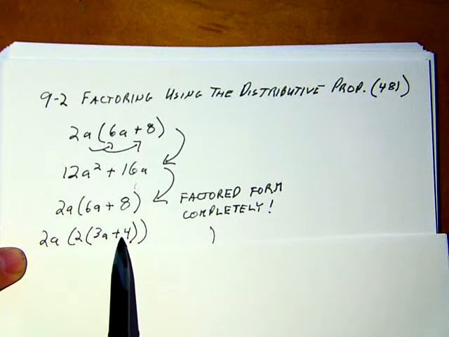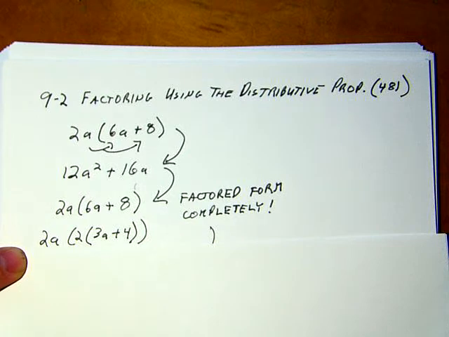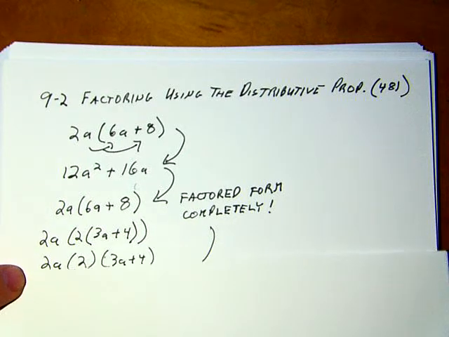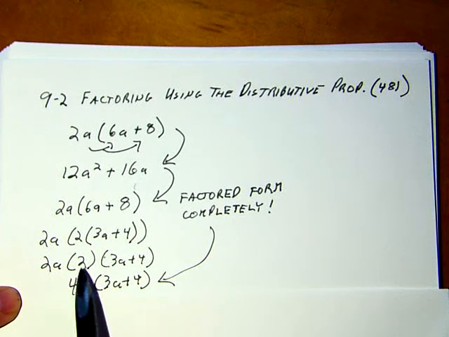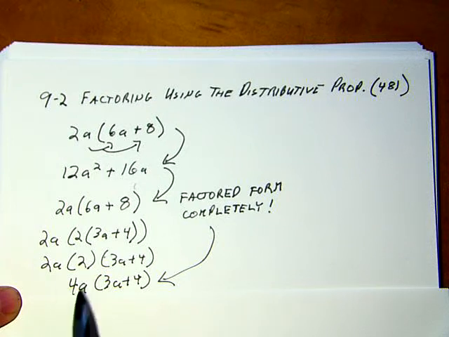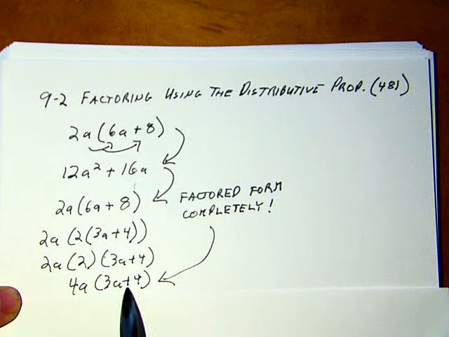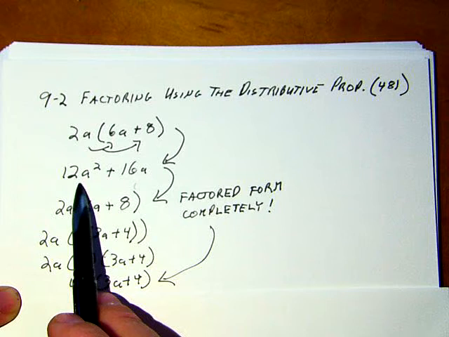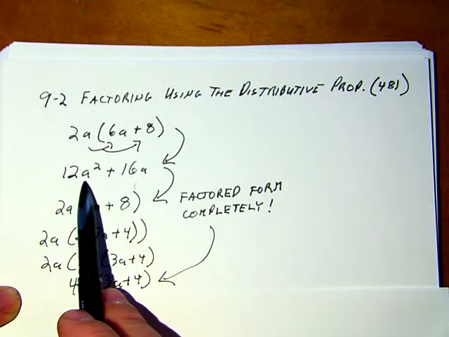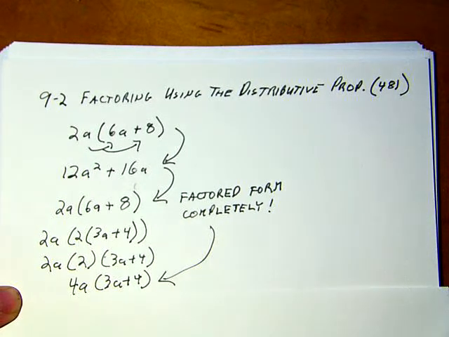And if I remember that I can multiply in any order, I can take 2a times 2 times 3a plus 4, and those monomials can be multiplied together, and I get 4a times 3a plus 4. Now I've completely factored the original product, 12a squared plus 16a.